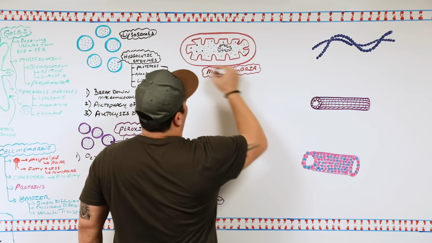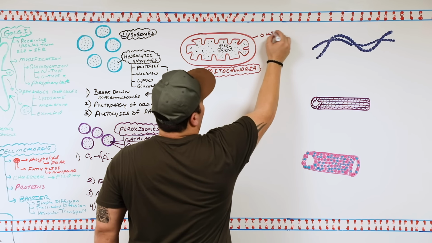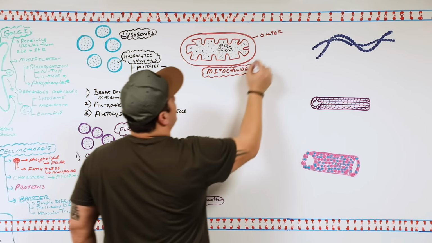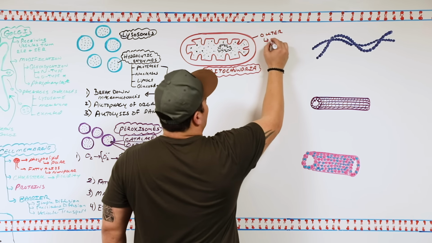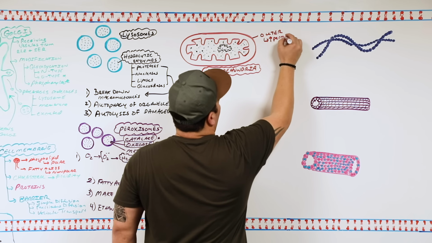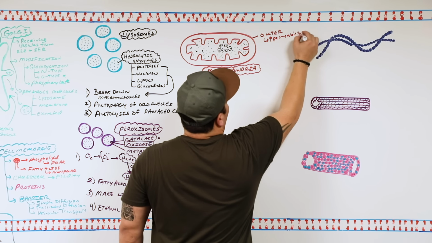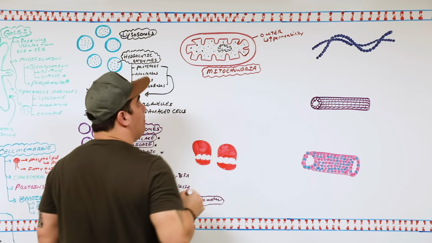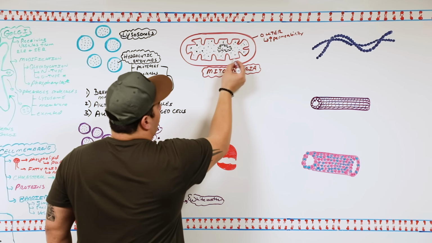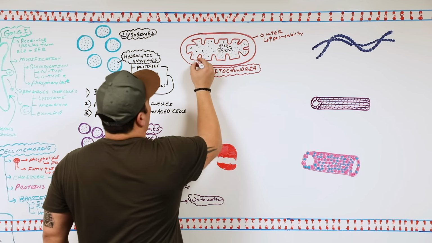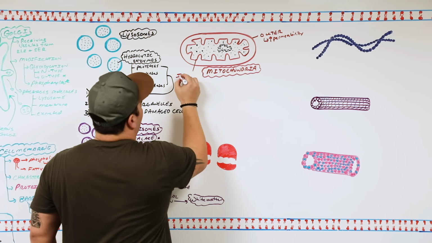If you look at the mitochondria, you have an outer membrane. So this is the outer membrane, and it's important to remember that the outer membrane is a smooth membrane. And also, it has a very high permeability. There's a lot of transport proteins on the outer membrane. If you look here, you have this little folded membrane on the inside. That is called the inner membrane.